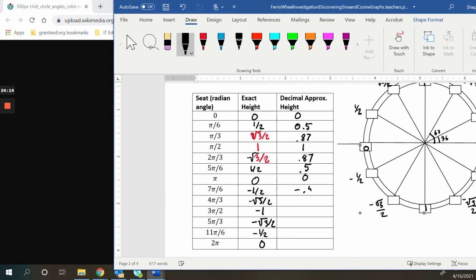Zero, and then we're at negative 0.5, negative 0.87, negative 1, negative 0.87, negative 0.5, and then up to the 0.